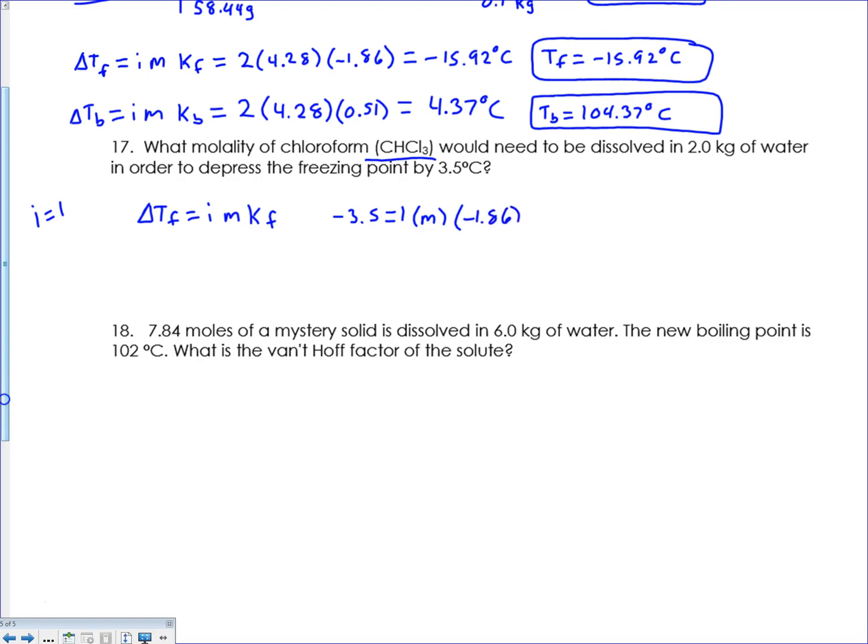Now here, notice the 2 kilograms of water actually didn't matter at all because I'm asking what the molality is. I didn't ask for the number of moles. If I'd asked for the number of moles, then you would need to use that 2 kilograms. But since I just want m here, you can solve it directly from this formula. You divide both sides by negative 1.86. You get that the molality equals 1.88 molal.